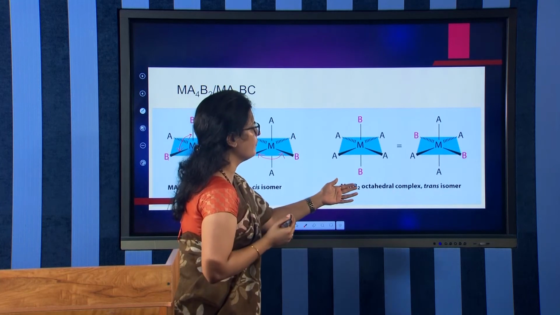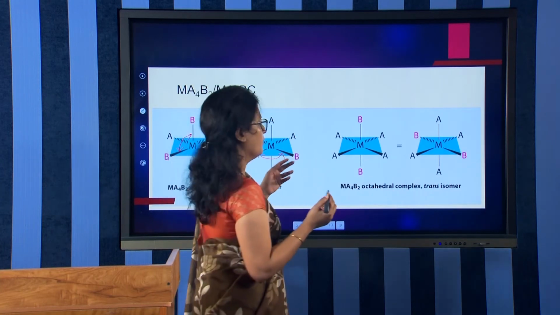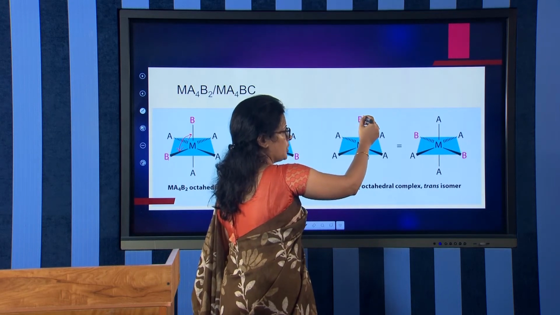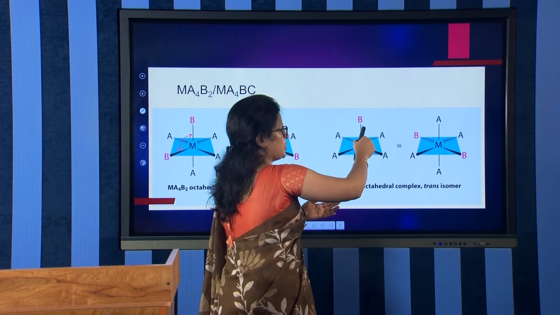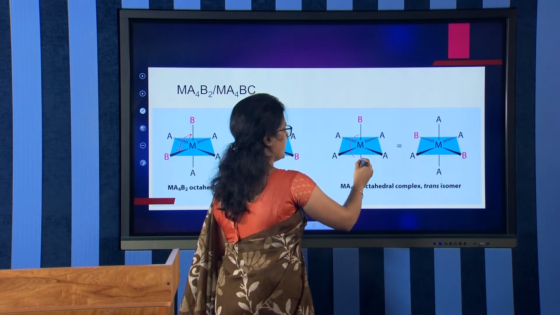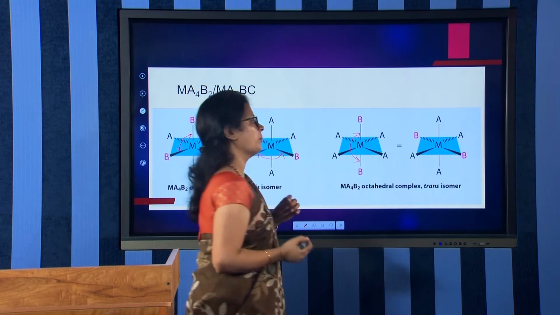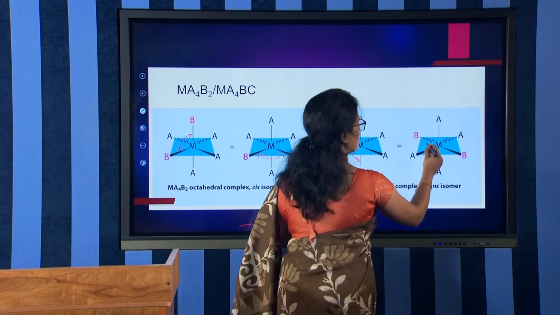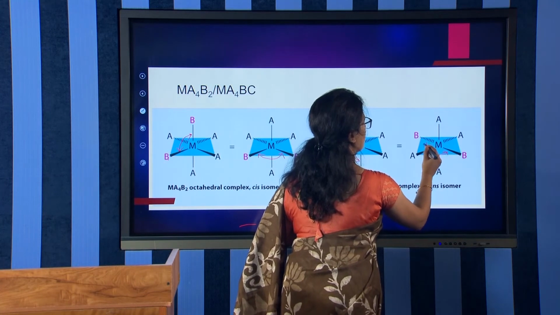In MA4B2, which will be the trans form? See this metal and B in this position, and in the opposite position there is another B. So, directly opposite you can see B. This is the trans form, straight opposite. This is also a straight opposite side.